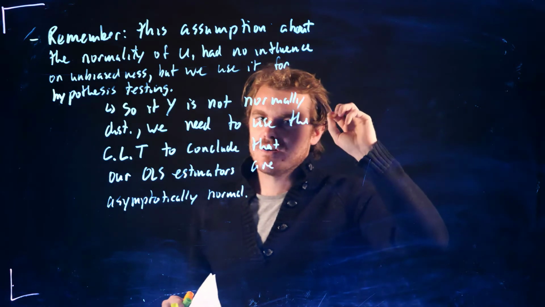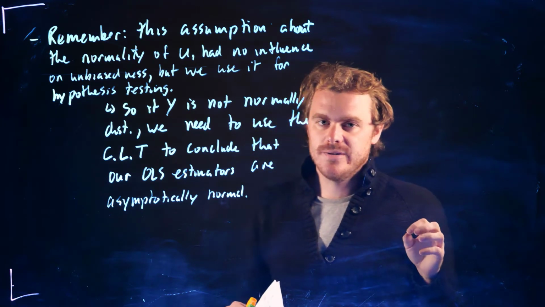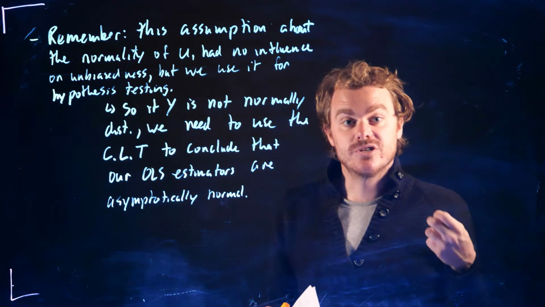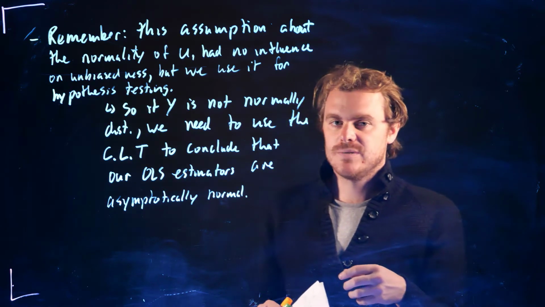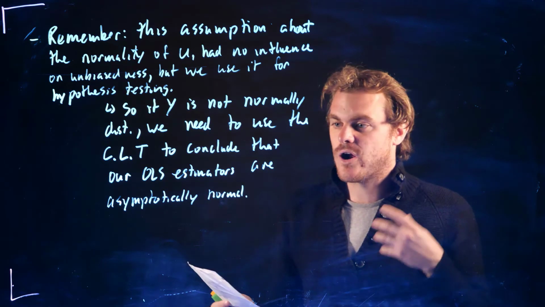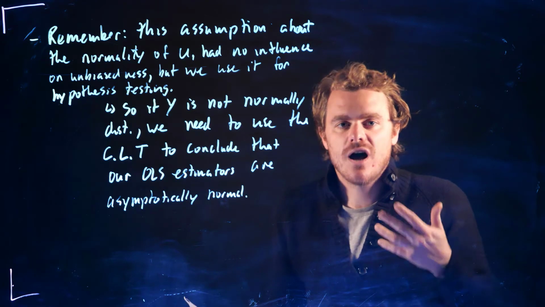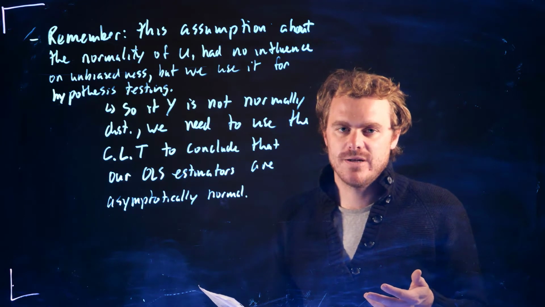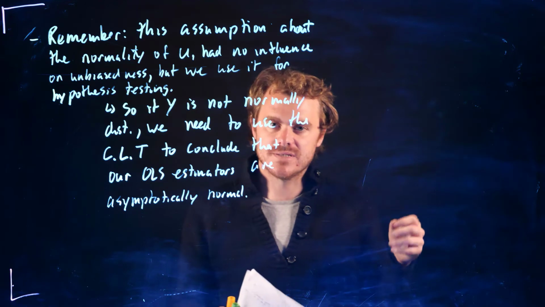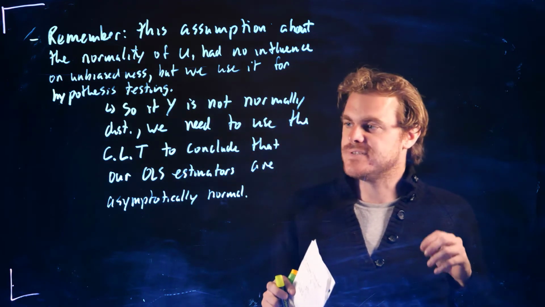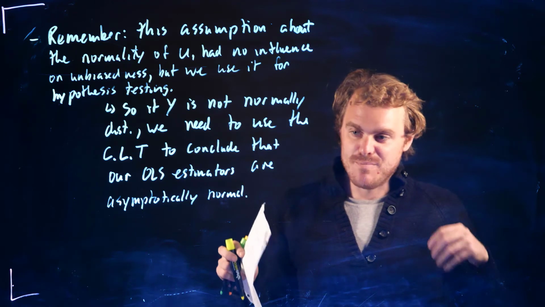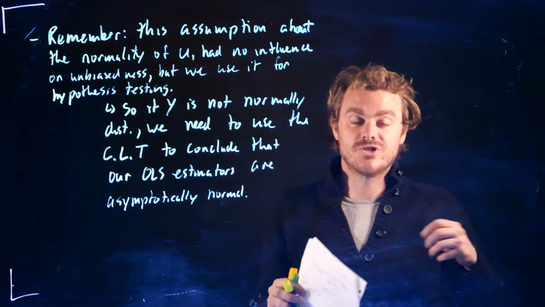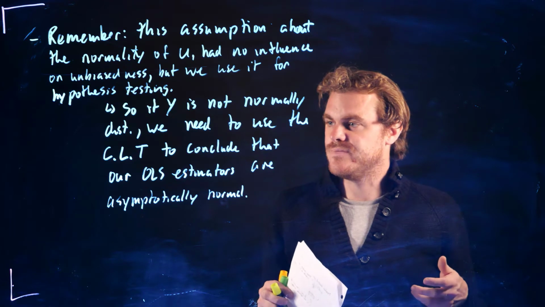If the y is not normally distributed, if that assumption is too strong, we're going to need to use the central limit theorem to conclude that our OLS estimators are asymptotically normally distributed. The central limit theorem, which we talked about in the review of stats, says that the mean of any random variable is distributed normally as n goes to infinity.